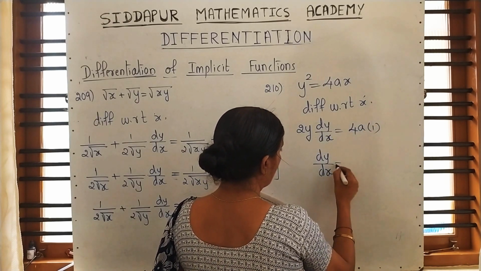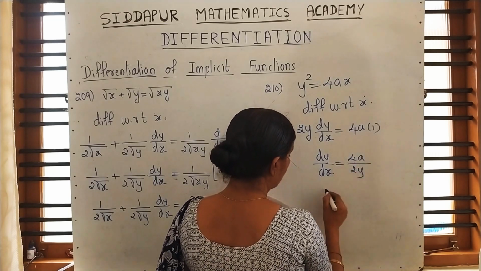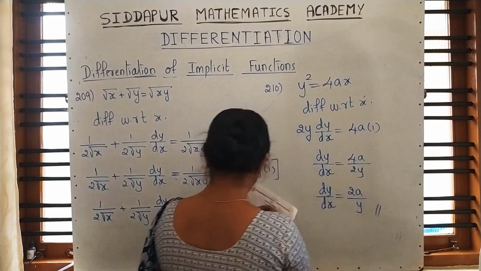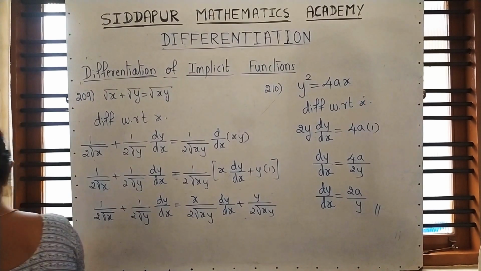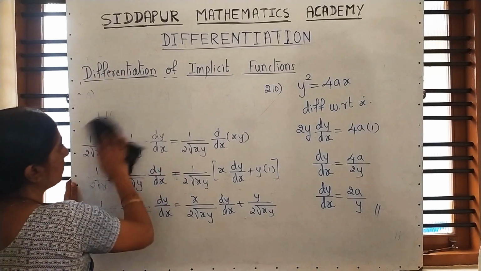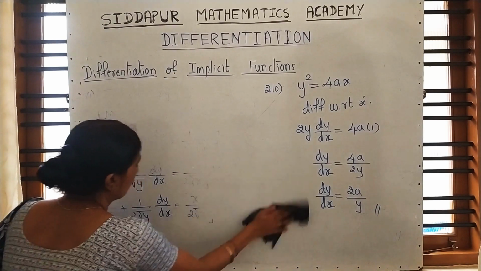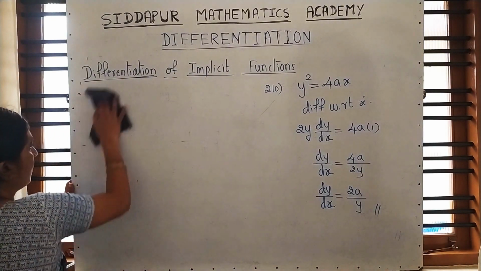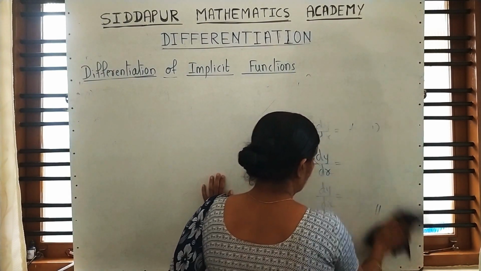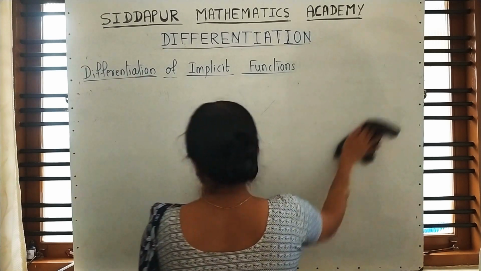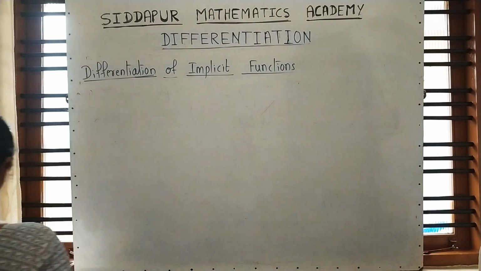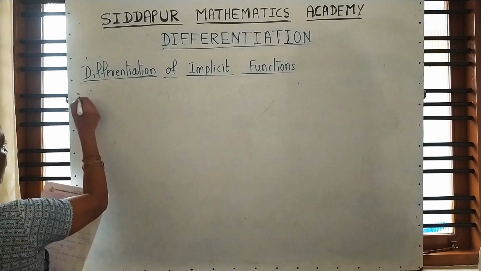Then what is dy upon dx? Moving to the next question, question number 211.